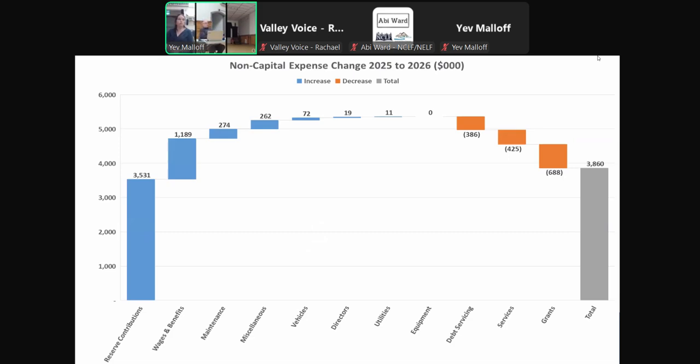And so where did the non-capital expense change, an increase of almost $4 million? Where do those funds go? By far and large, most of it goes into reserve contributions. Then wages and benefits, maintenance, and miscellaneous, and then reductions in debt servicing, contracted services, and grants expense.